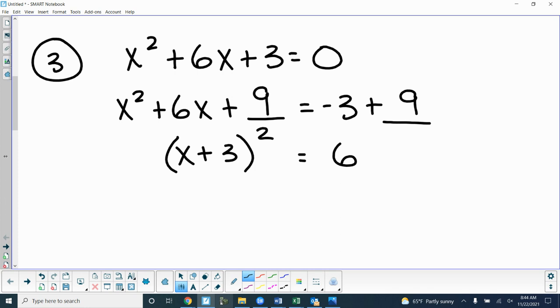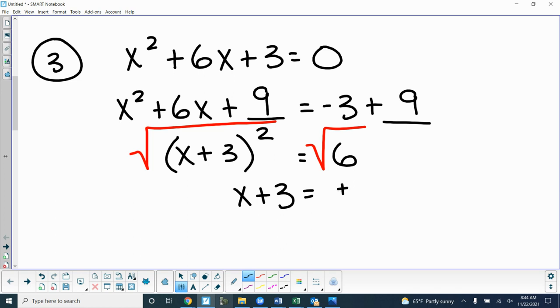What's the first step to solve for x here? Square root. Got to get rid of that squared symbol, right? So when we take the square root of both sides, the left side is x plus 3. And the right side, can we simplify the square root of 6? No, just 2 times 3. Neither one of those has a perfect square factor in it.